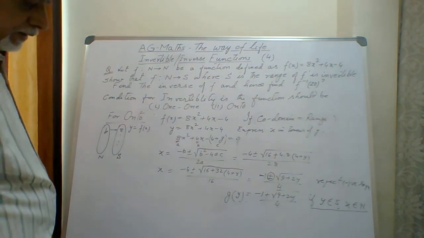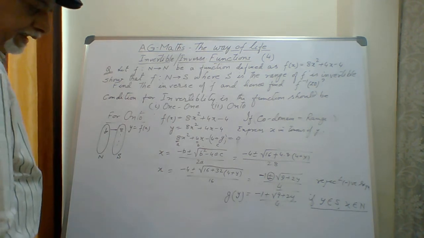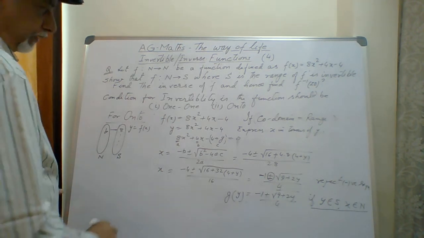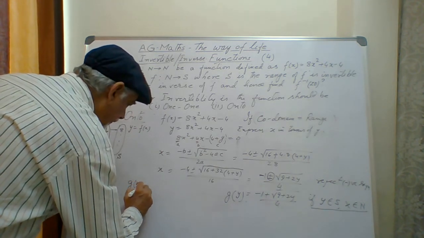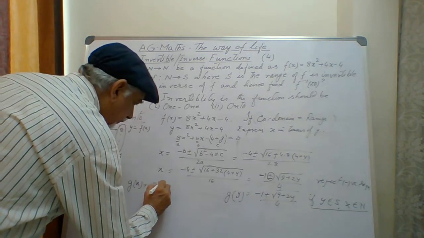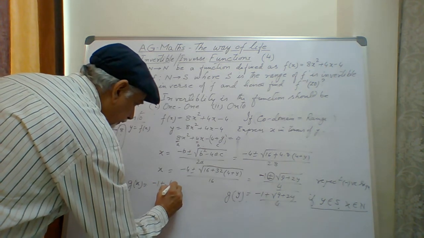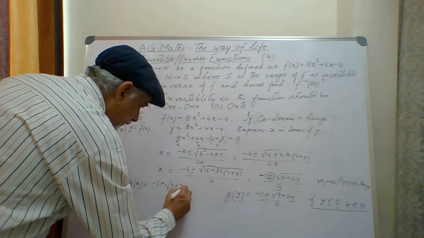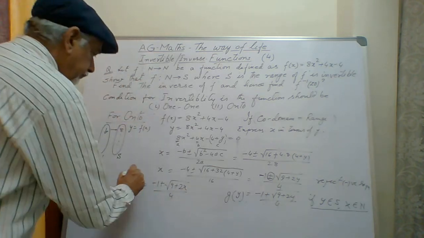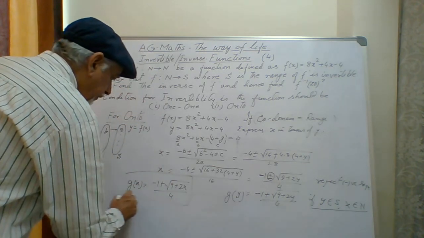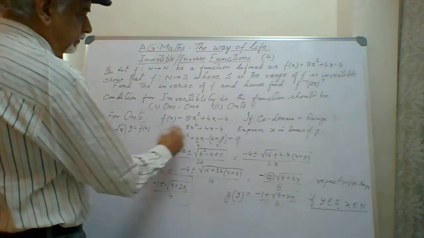If it is g of y, then we will again swap it and write it as g of x is equal to minus 1 plus root over 9 plus 2x by 4, because we have already swapped here.